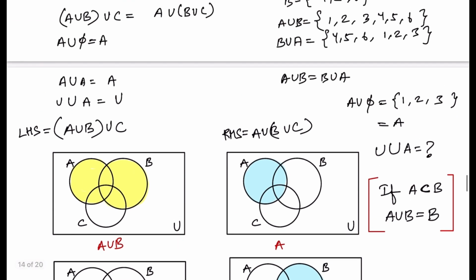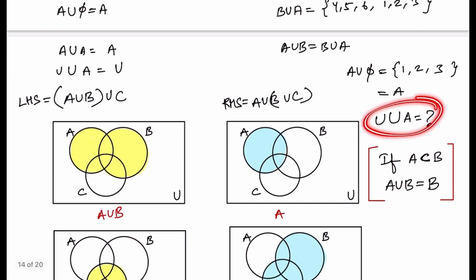We can use that here, because I told you in the video in which I was explaining about the universal set that the universal set is the biggest superset. That means every other set will be a subset of the universal set.